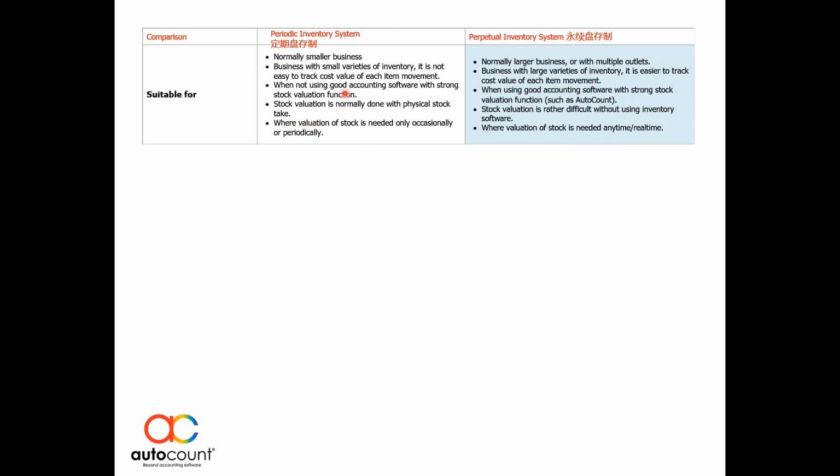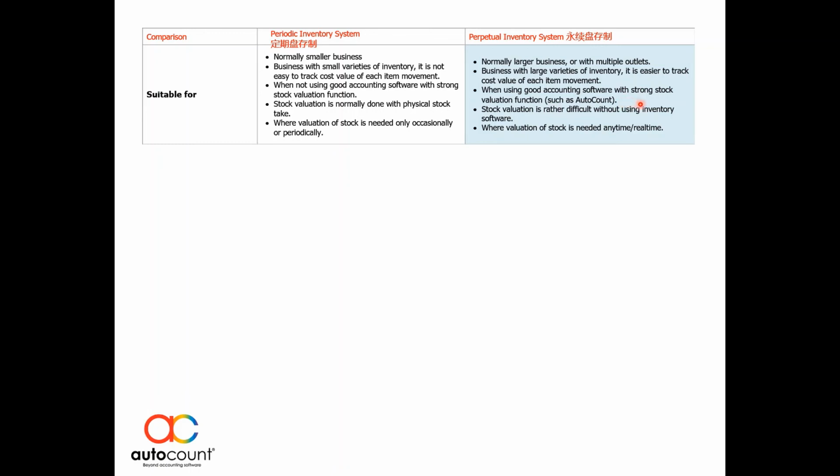value. Then the perpetual inventory system is normally practiced in larger businesses or with multiple outlets. For a business with large varieties of inventory, it is easier to track the cost value of each item movement when using good accounting software with strong stock valuation, such as AutoCount.